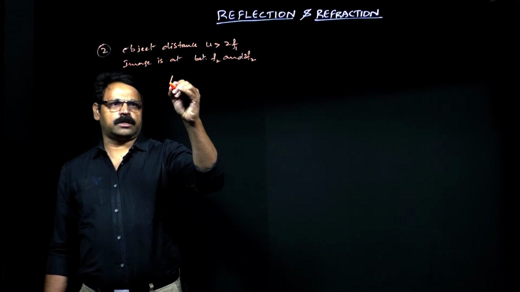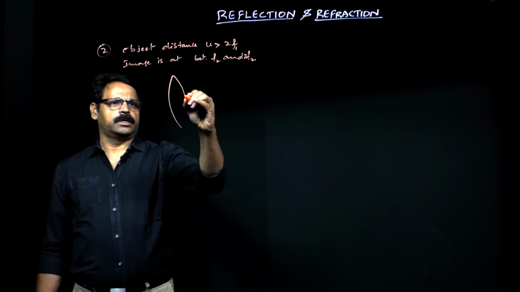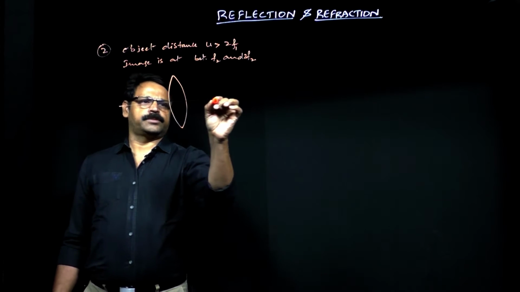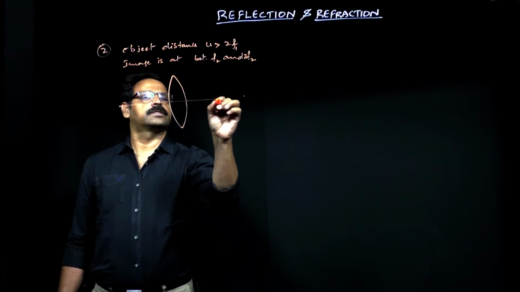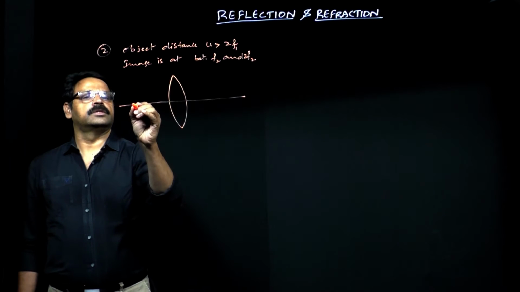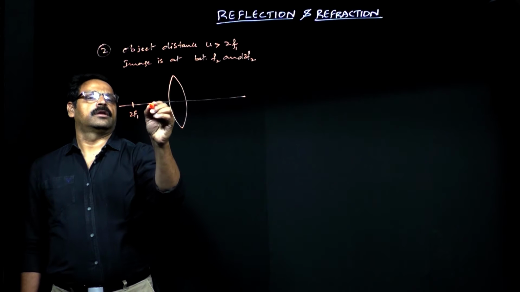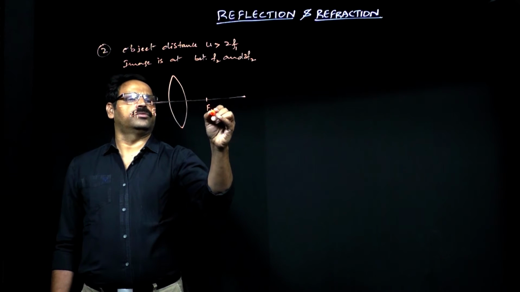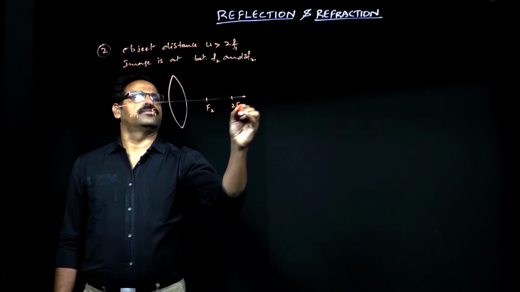First let us draw the ray diagram. This is the lens I have, and this is the principal axis. This is 2f1 and this is f1. Let us say this is f2 and this is 2f2.